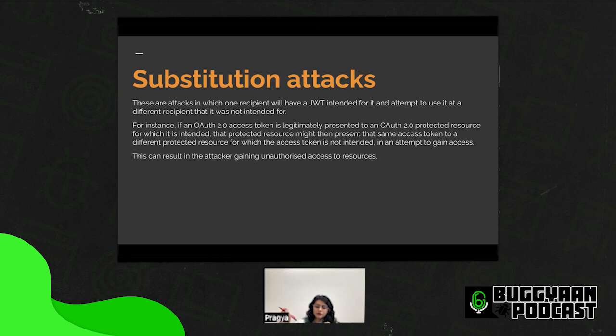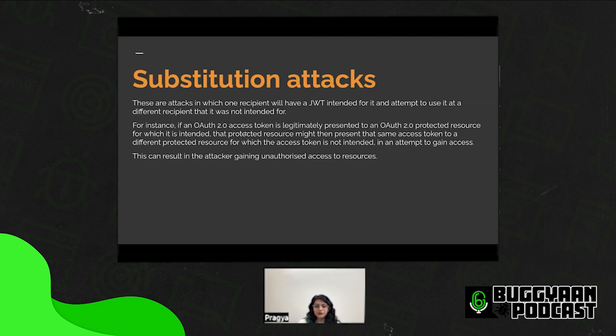Now the application might further be communicating with another application, and it might send the same JWT to the further connecting application, which should not have been allowed. If such a scenario happens, it is called a substitution attack because it can lead an attacker to gain unauthorized access to resources.